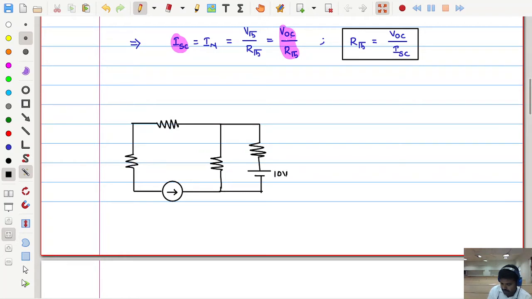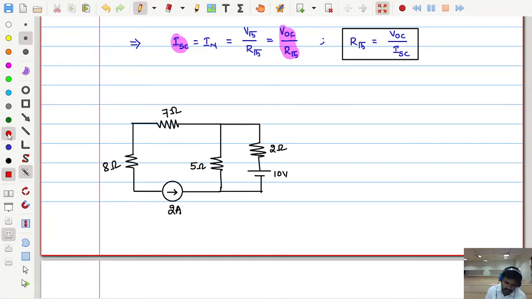Ten volts, 2 ohms, 5 ohms, 7 ohms, and 8 ohms. This is 2 amperes.